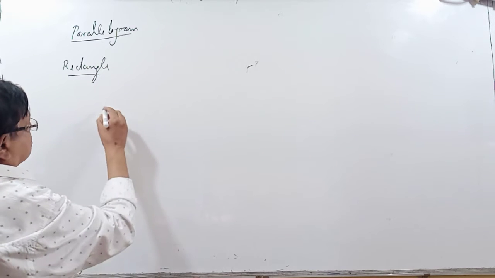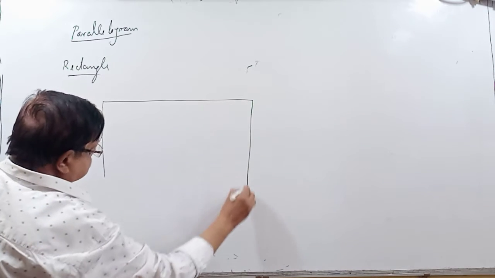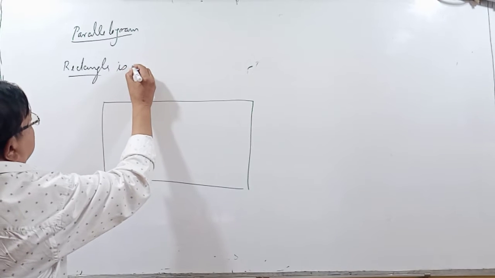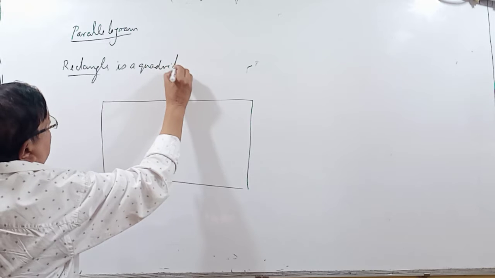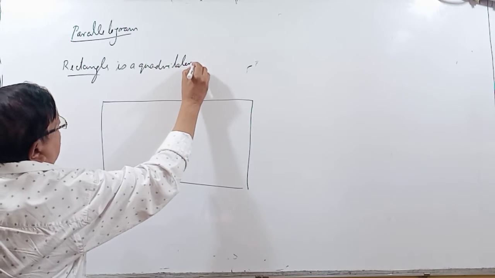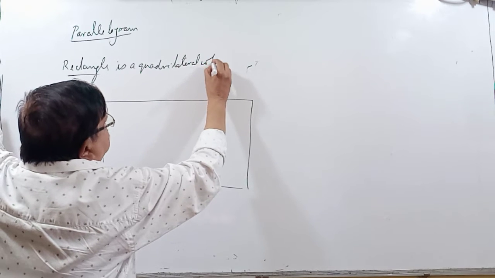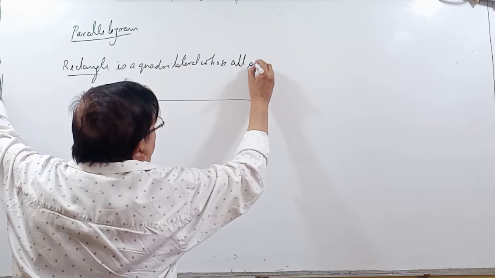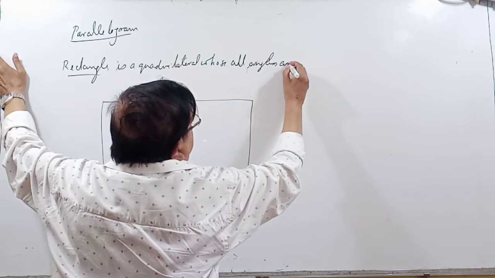A rectangle is a quadrilateral whose all angles are congruent.